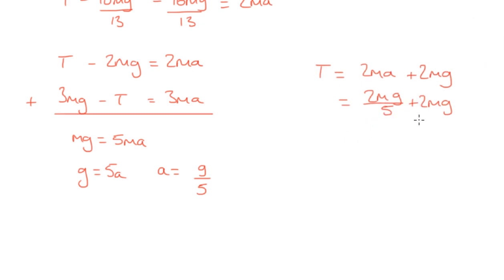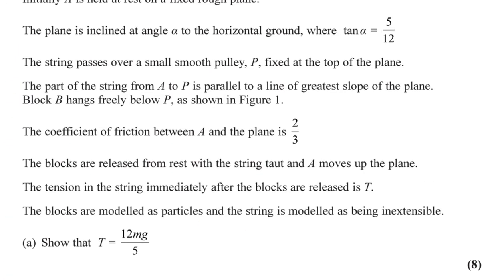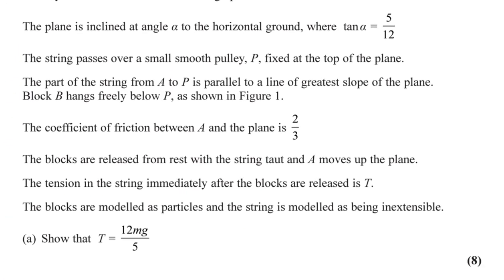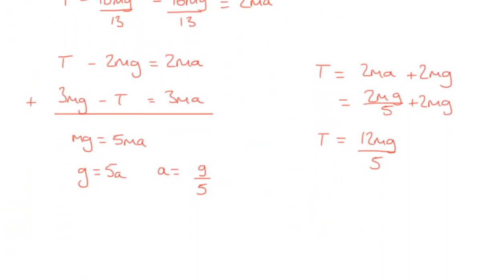We're going to have 12mg over 5 for T. If we go back to the question, that's what we were looking for. So those are your 8 marks.